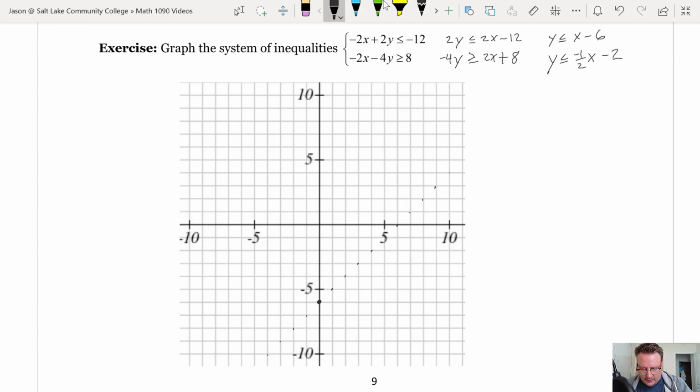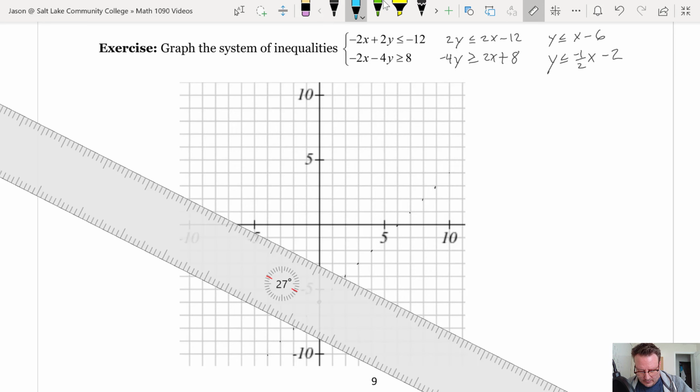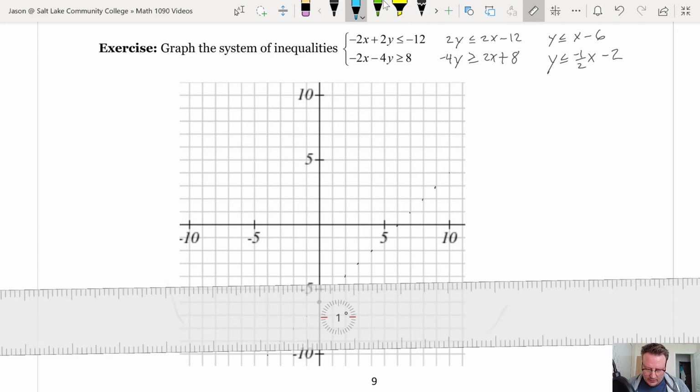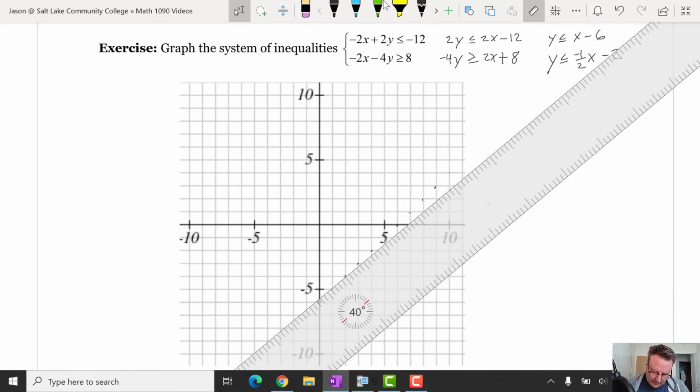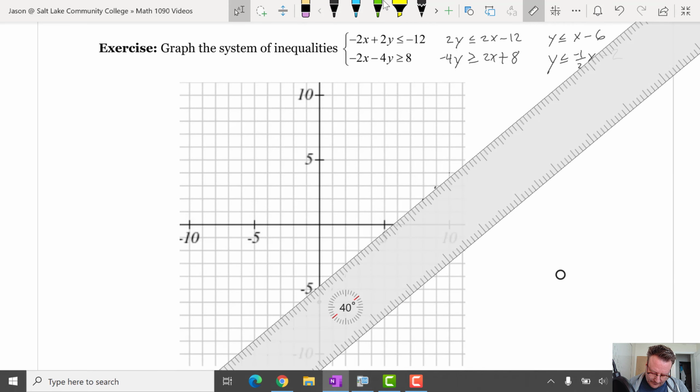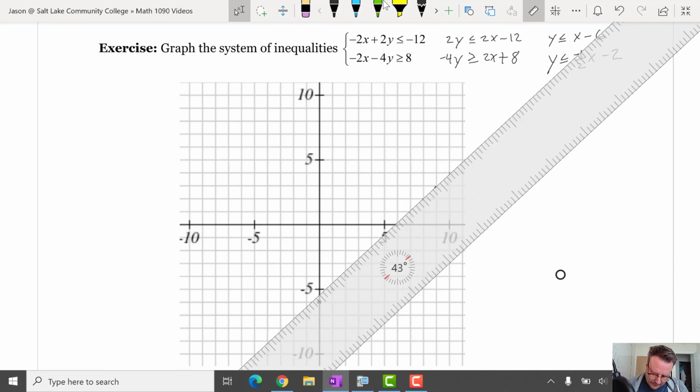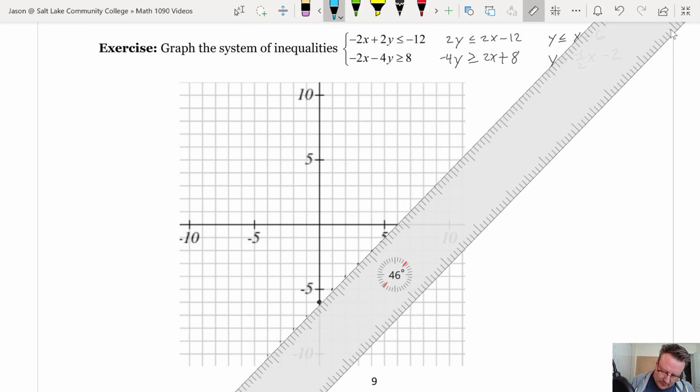Let's get the ruler out. And I want a solid line for this inequality.